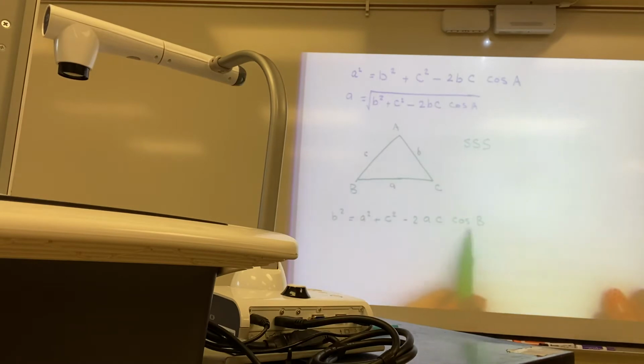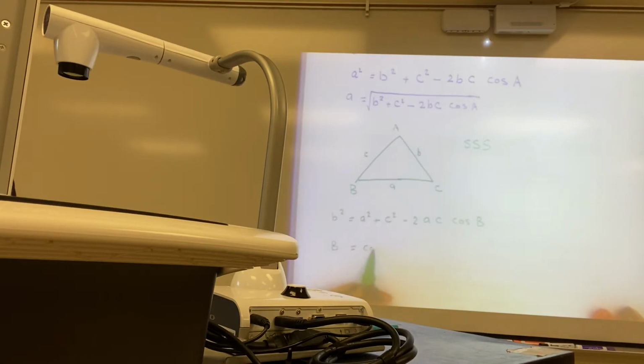Now we want to find angle B. So what we're going to do is move everything to the other side, and then take the cosine inverse to find angle B. So angle B equals cosine inverse of (B squared minus A squared minus C squared) divided by negative 2AC.